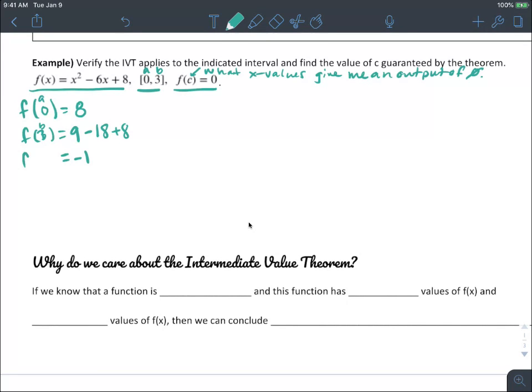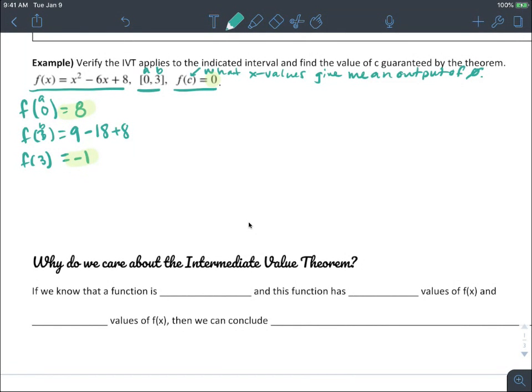Okay, so f of 3 is equal to -1. So for outputs, is 0 between -1 and 8? If it is, then there's some x value that should go along with my output of 0. Okay? It guarantees that I'm going to pass through 0, basically.